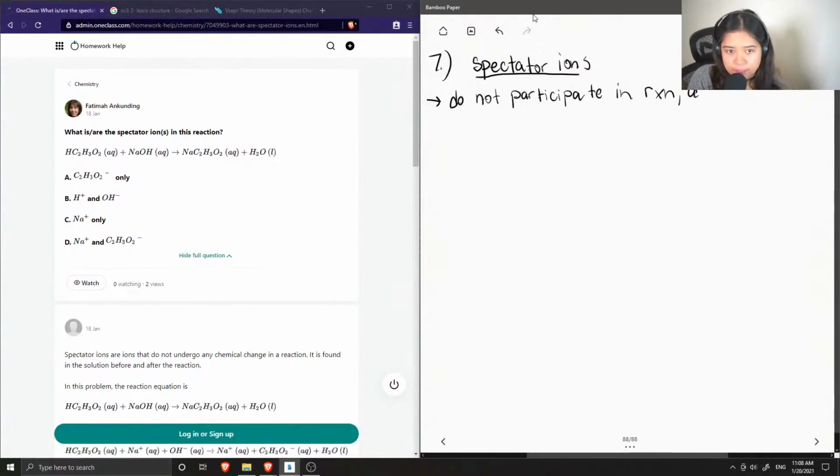And we can find out which are the spectator ions because they appear on both the products and the reactant side.